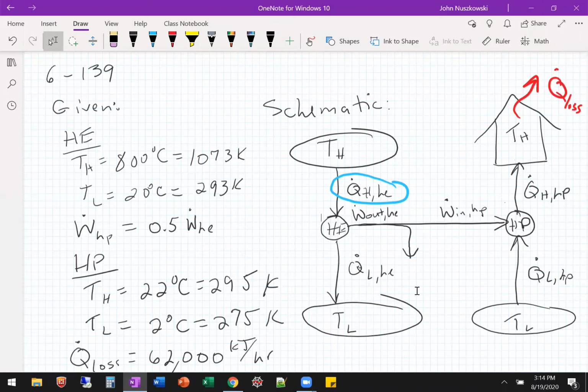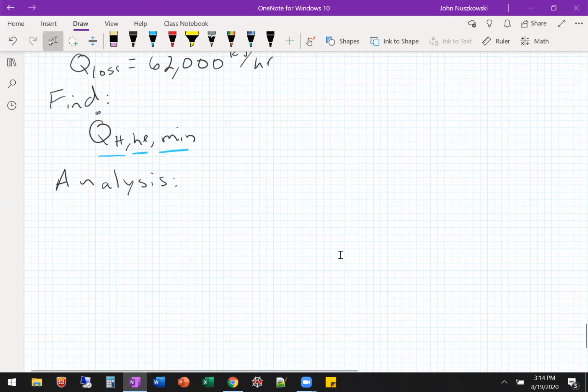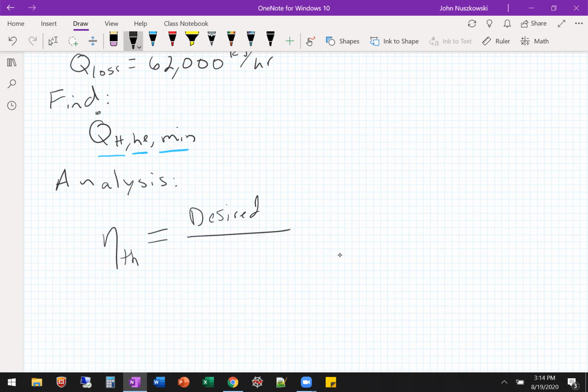Work of the heat engine. Okay. All right, so the work of the heat engine, how would we do that? I'm going to assume you mean from the thermal efficiency. So we have desired output over required input, and efficiency.